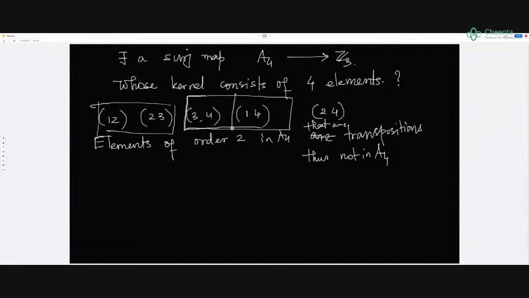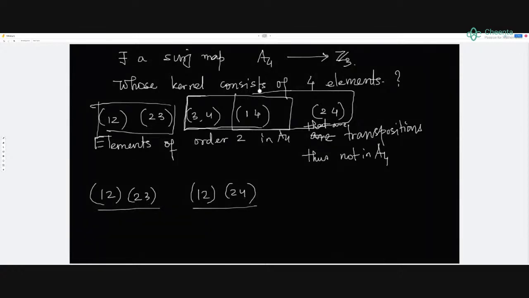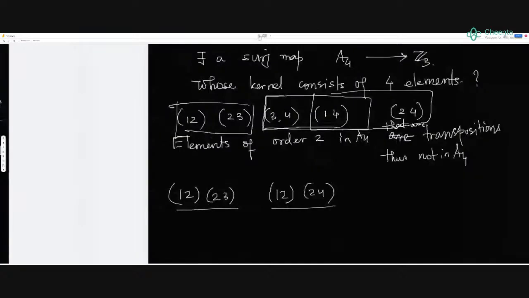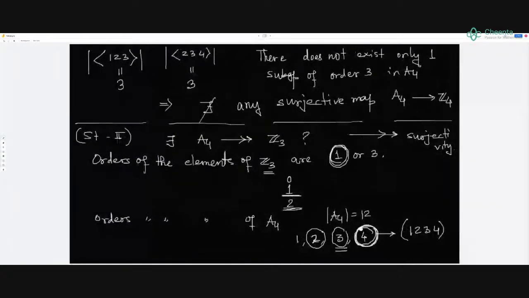So the order 2 elements will be of this form. So how many such clubbings can you do? This is (1 2)(2 3), (1 2)(2 4), this type of clubbing. Okay. So the order 4 element is (1 2 3 4). The only thing you need to check is whether this will be inside A4 or not.